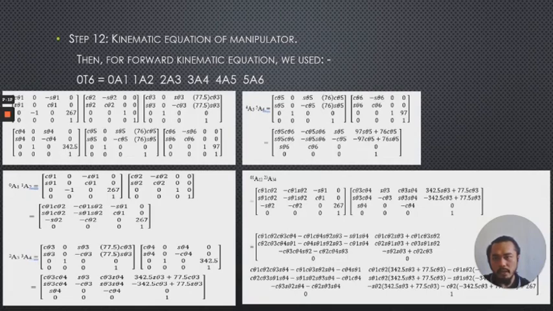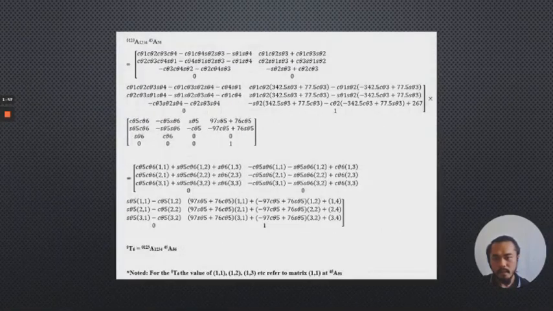So we want to get the transformation matrix 0T6. We need to multiply the matrices 0A1 until 5A6. And then this is the final answer of the forward kinematic equation.